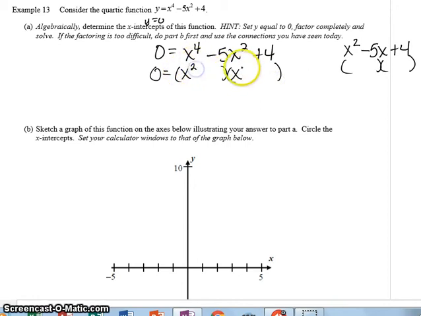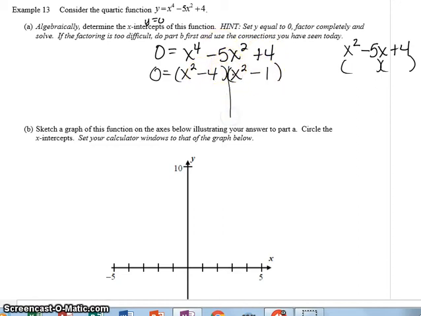You're going to put x squareds, because x squared times x squared would be x to the 4th. But then when you add your outers and your inners in FOIL, it will still combine like terms and get you an x squared. Okay? So what two numbers work? It's going to be a negative 4 and a negative 1, because a negative times a negative will be positive, but then negative 4 minus 1 will be negative 5.